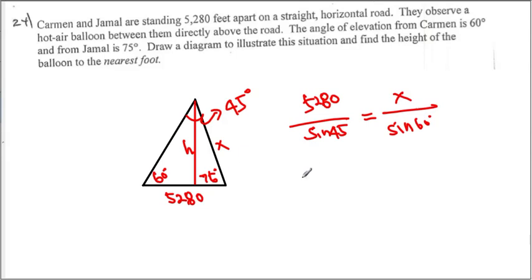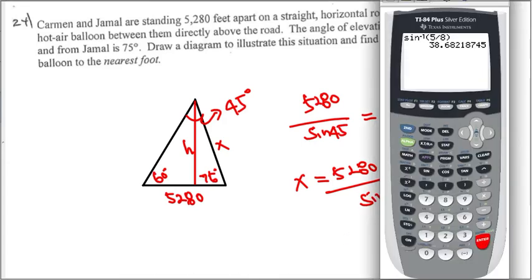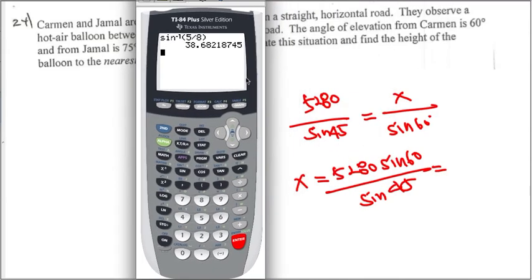Then here we have x must be equal to 5280 times sine of 60 divided by sine of 45.